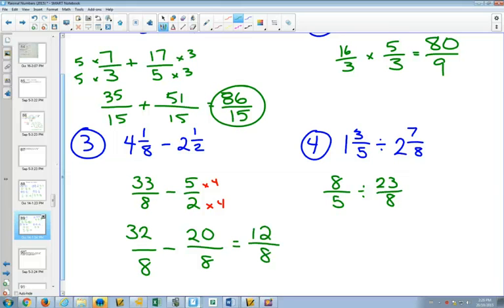That gives me 12 over 8. And 12 over 8, they both can be divided by 2. So if you do that, you'd get 6 over 4. Both can be divided by 2 again. So 3 over 2 is the lowest form.